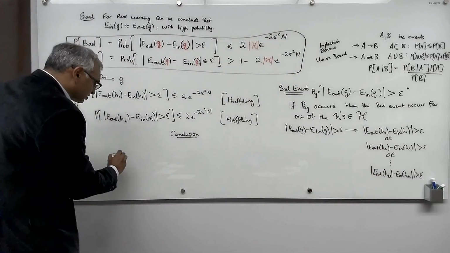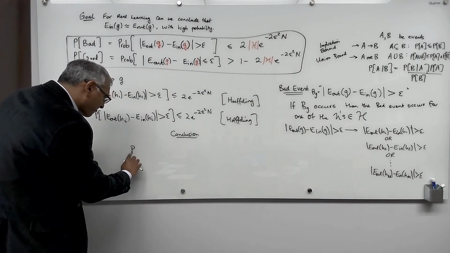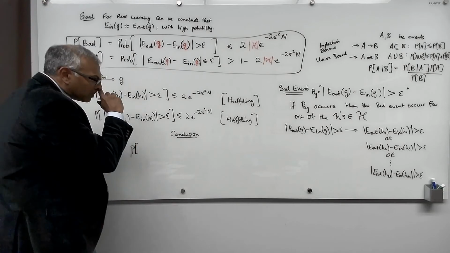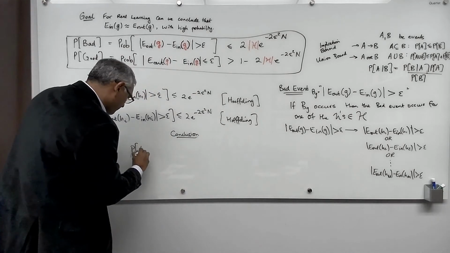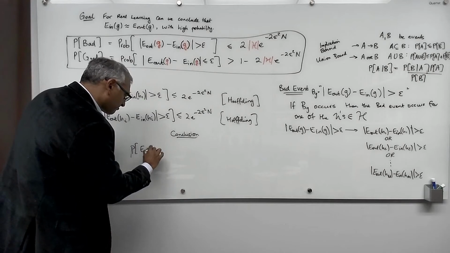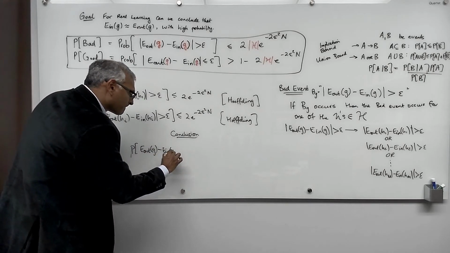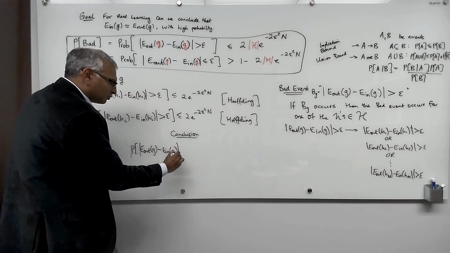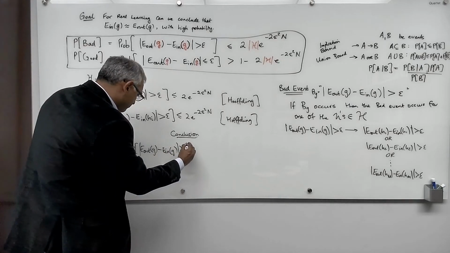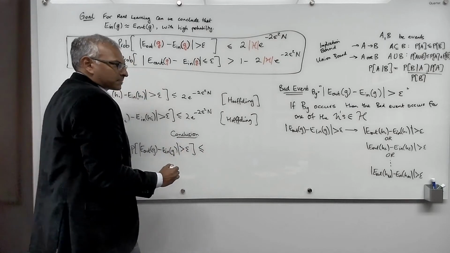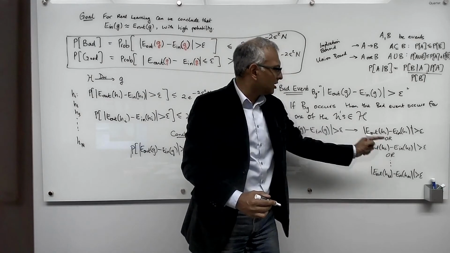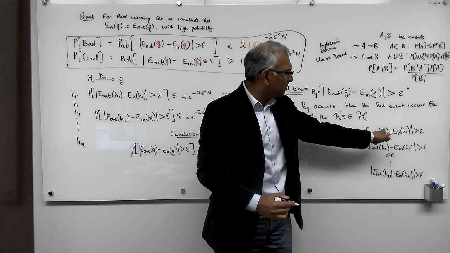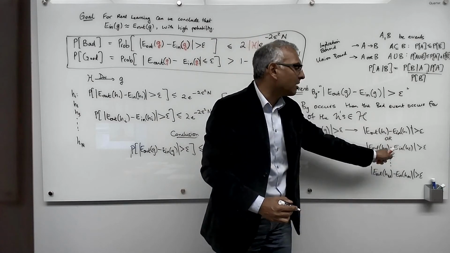So, the conclusion is that the probability that your bad event occurs, the probability that there's a deviation between E out and E in for g, is at most the probability of this union. But the probability of this union, or this OR, is at most the sum of those probabilities.